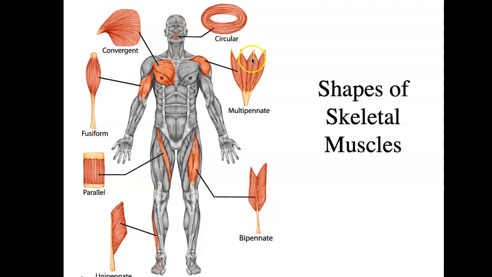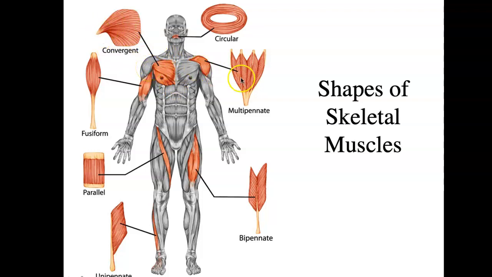Multipennate, where you have lots of tendons in the middle. Look at this, the deltoid, it's going to fan over your shoulder. If it's fanning over your shoulder, you're going to have lots of branches that go to different regions. Another example here is a convergent, so pectoralis, and these are sort of fanning out here, yes, but all of them converging here on one tendon that's going to insert in the arm.